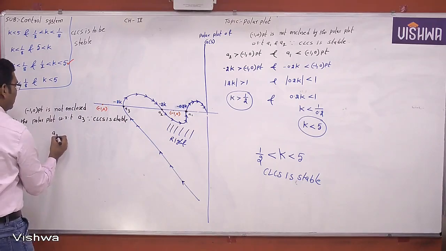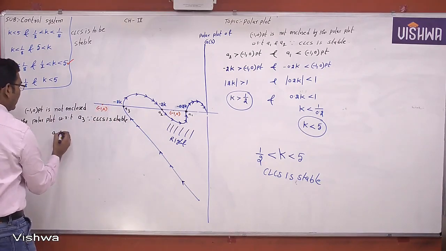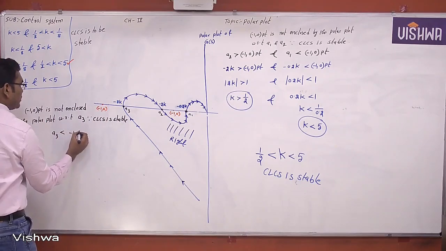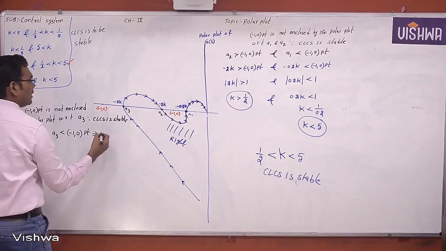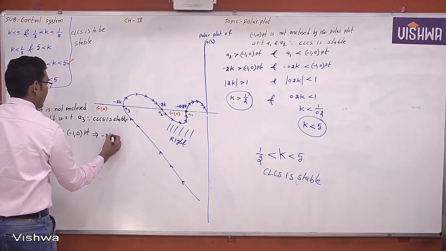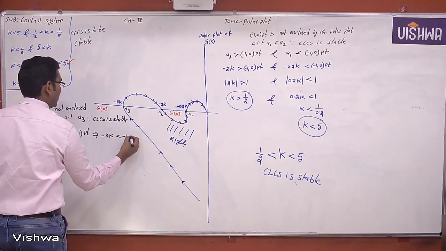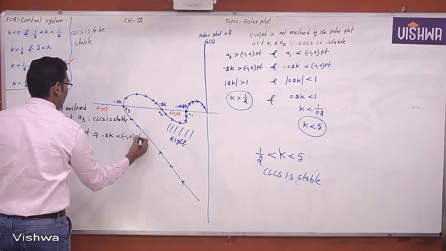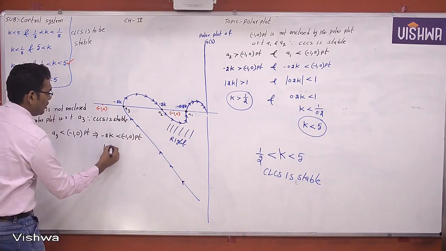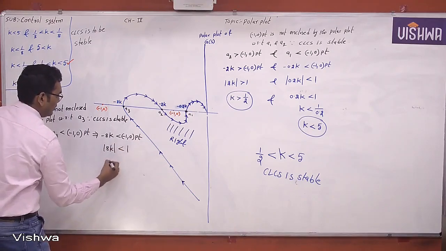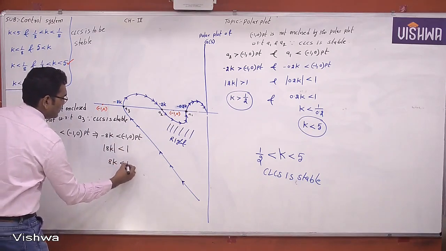So A3 is less than minus 1 comma 0 point. What is A3? A3 is already given: minus 8k is less than minus 1 comma 0 point. Now 8 magnitude means minus will become plus, so 8k is less than 1.